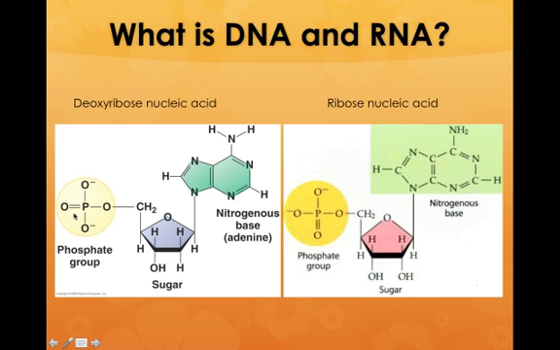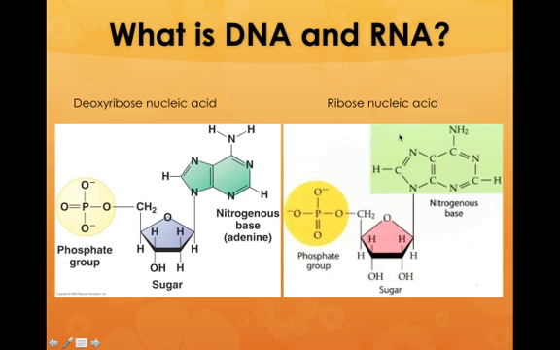We have a phosphate group attached to the 5 carbon, 5' phosphate. And we also have a nitrogenous base attached. This nitrogenous base can differ depending on the molecule. The only thing that really changes within a DNA nucleotide is the nitrogenous base.